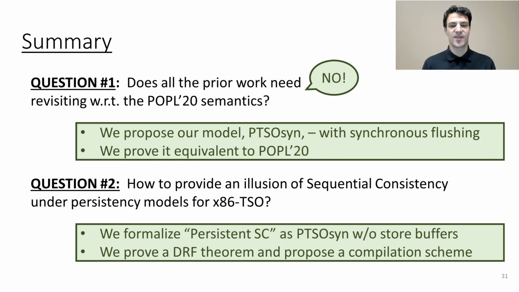And we also explore how to provide an illusion of sequential consistency under persistency models for x86, which we do by formalizing what persistent sequential consistency means with the help of our PTSOSYN model, just without store buffers, and by proving a DRF theorem and by suggesting a compilation scheme from PSC to PTSOSYN.